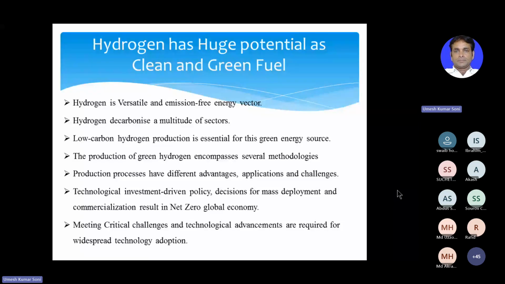The production of green hydrogen encompasses several methodologies. Production processes have different advantages, applications, and challenges. Technological improvements and investment-driven policy decisions for mass deployment and commercialization result in a net zero global economy. So, for adoption of this fuel cell technology, the different critical challenges and technological advancements are required to be met.